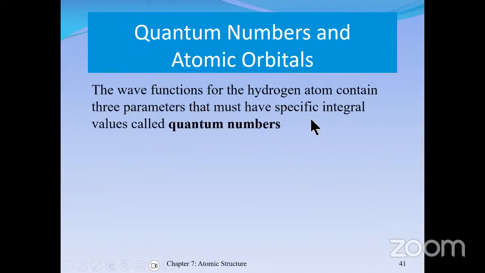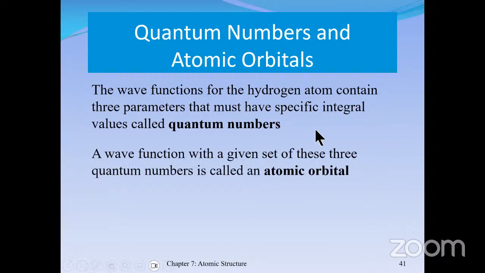So this is coming again from the Schrodinger approach. The wave functions for the hydrogen atom, and we're going back to the hydrogen atom, but this can apply to other atoms as well, contain 3 parameters that must have specific integral values known as quantum numbers. This comes from the approach, which, thankfully for you guys, I don't have to show you how these numbers were derived, all right? A wave function with a given set of these 3 numbers is called an atomic orbital.